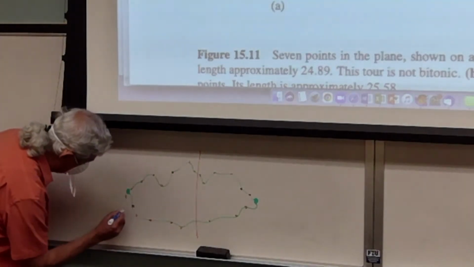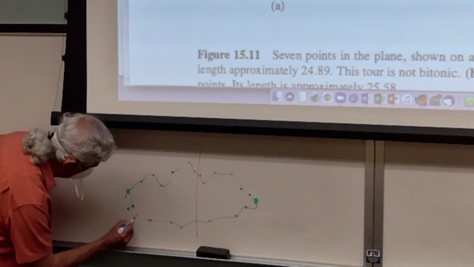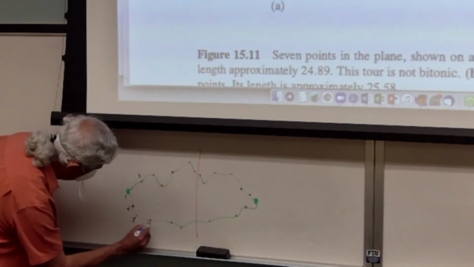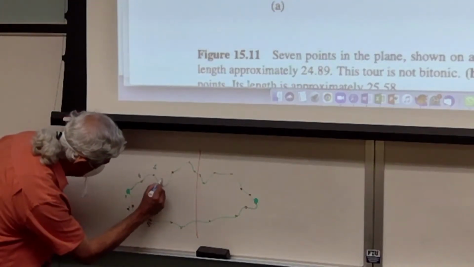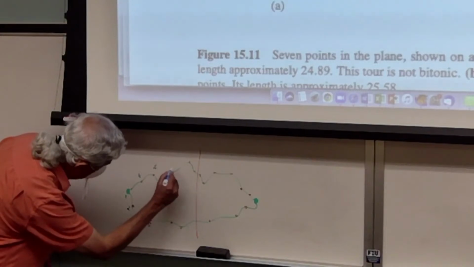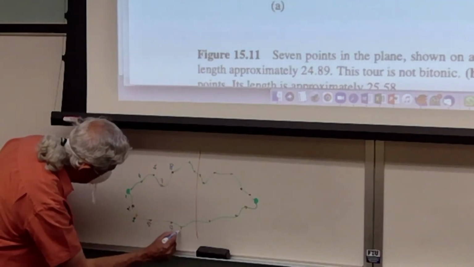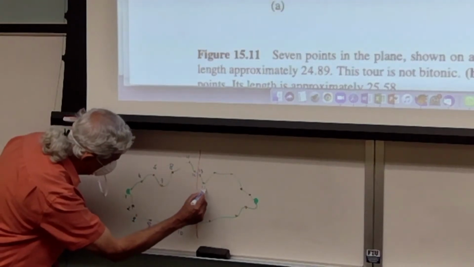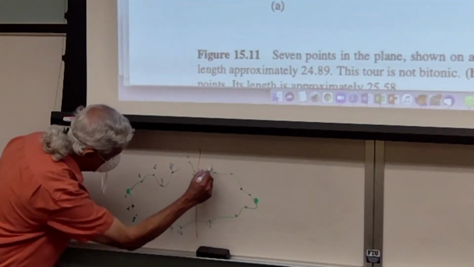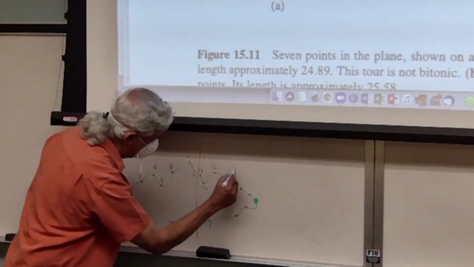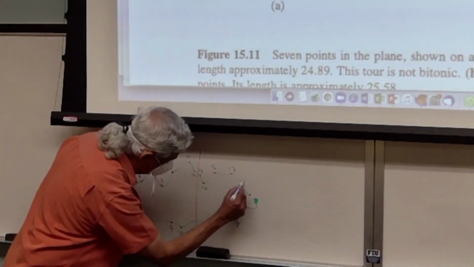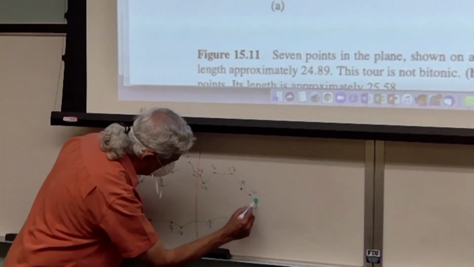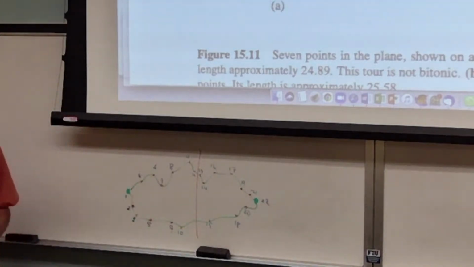So this would be 1, this would be 2, 3, 4, and so on up to 22. I'm just sorting them by x coordinates, and I'm numbering them.